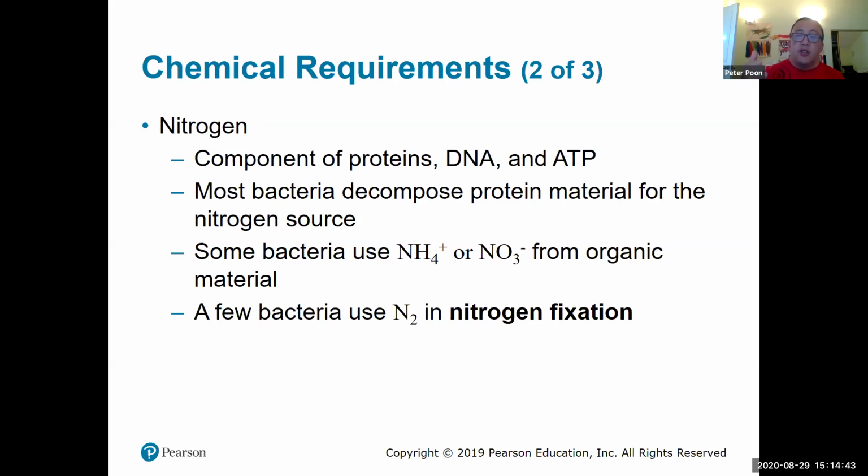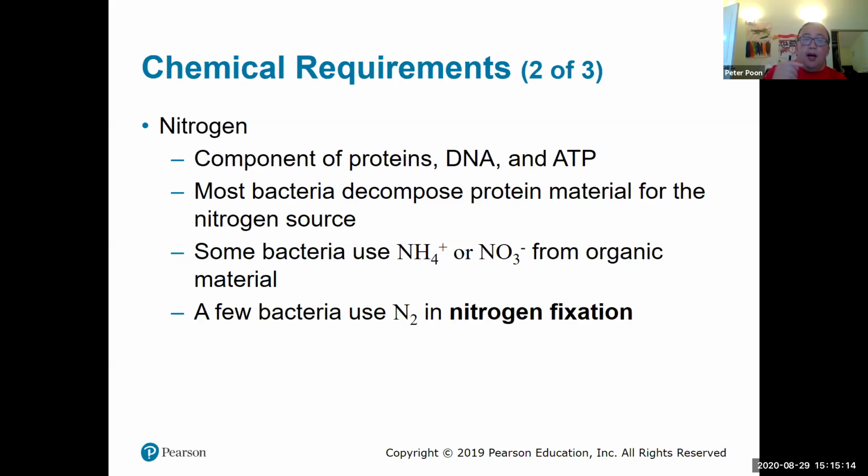Nitrogen is necessary for DNA, ATP, proteins. Most bacteria decompose protein material for a nitrogen source. Some bacteria can use NH4+ or NO3- from organic material that they consume.